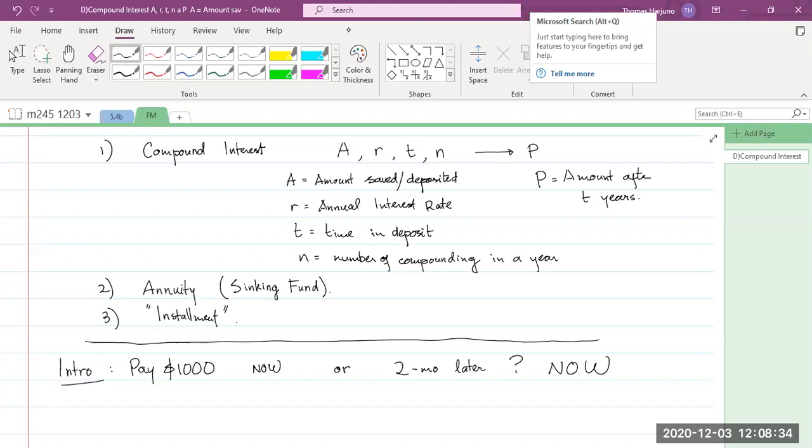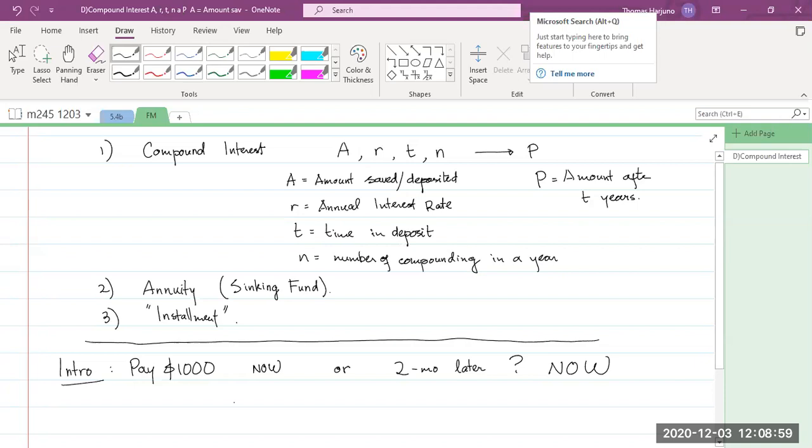Yes, you and I and everybody with common sense will say, yes, give it to me now. But the reason is not because, well, yes, I may change my mind. I may die somewhere in between so that you don't get your $1,000. But even if all those are not true, one thing for sure is true, is the time value of money.